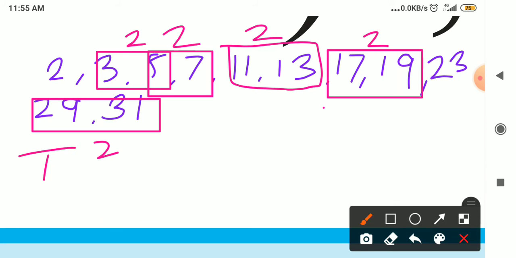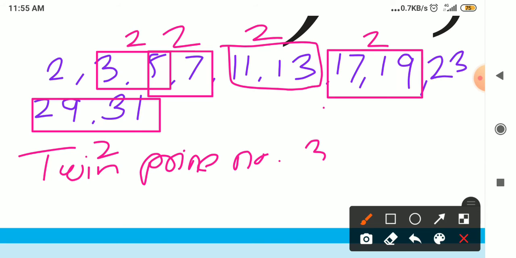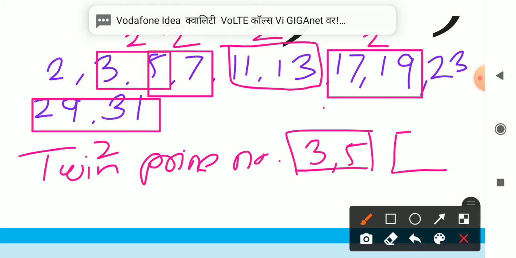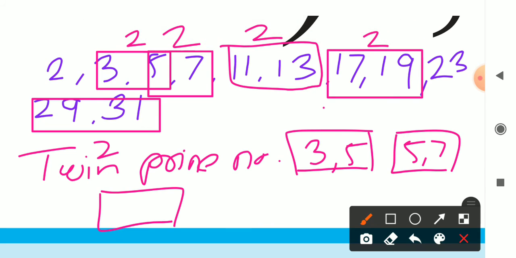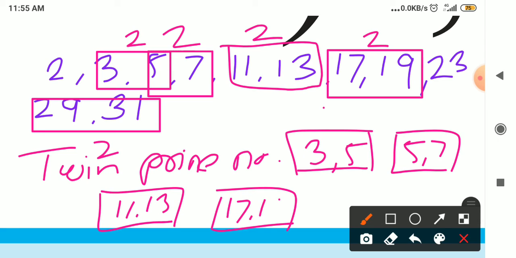So which are the twin prime numbers here? First pair is 3, 5. Second pair is 5, 7. Third pair is 11, 13. Fourth pair is 17, 19. And till 25 I told you.